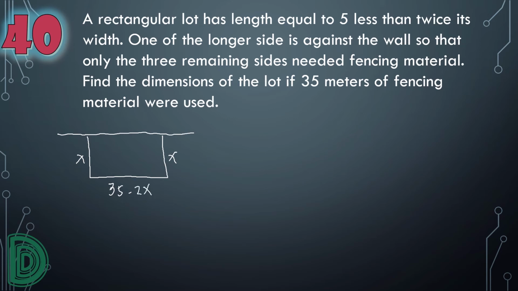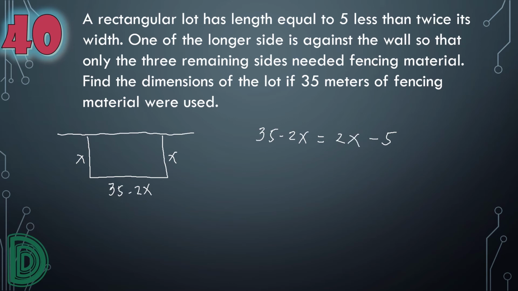The length is equal to 5 less than twice its width. So if we get that equation, we will have 35 minus 2x is equal to 5 less than twice the width, which is x.